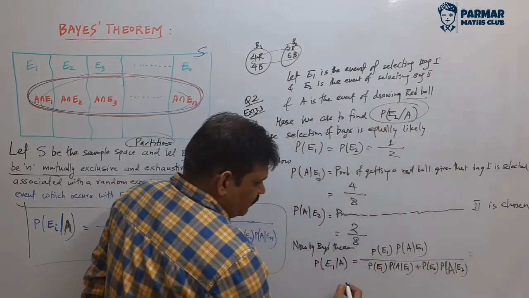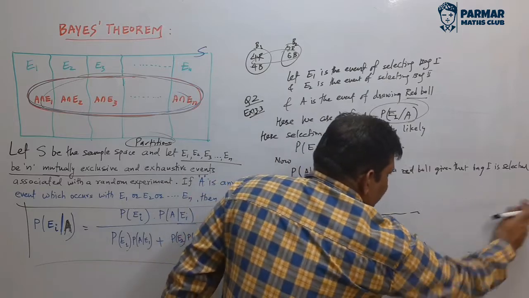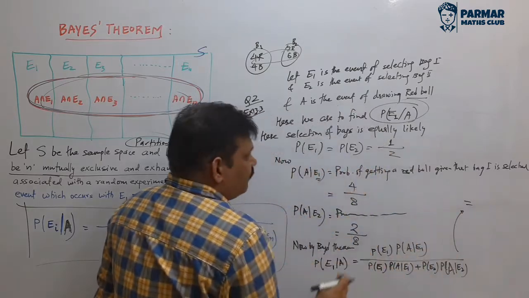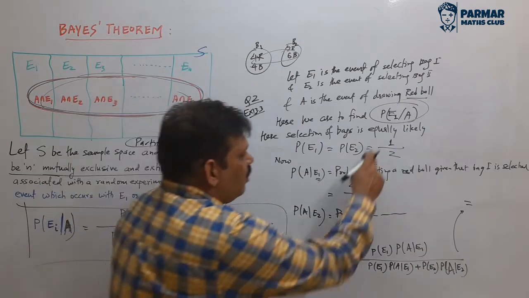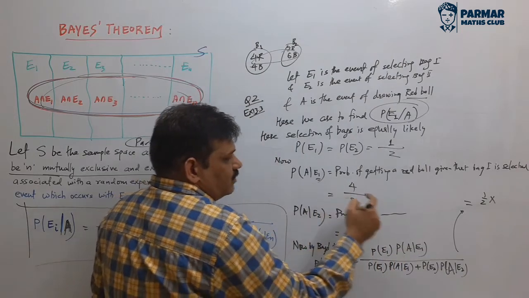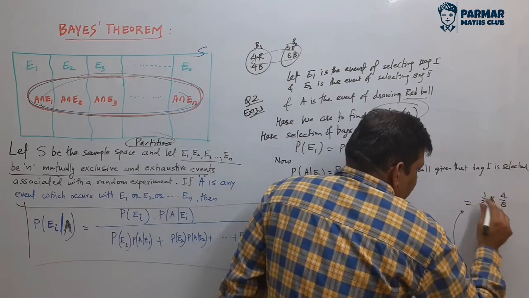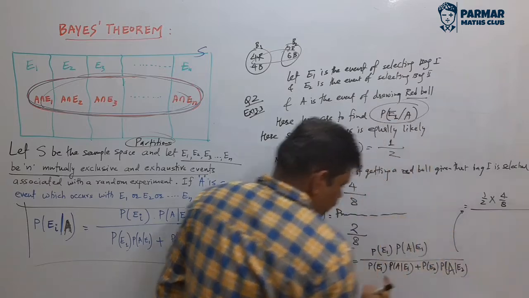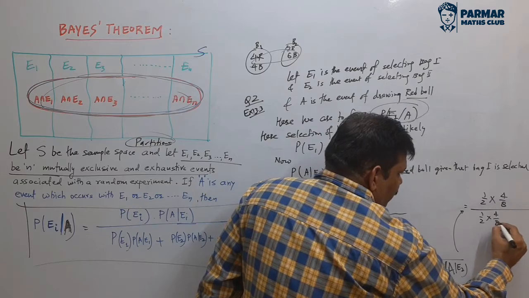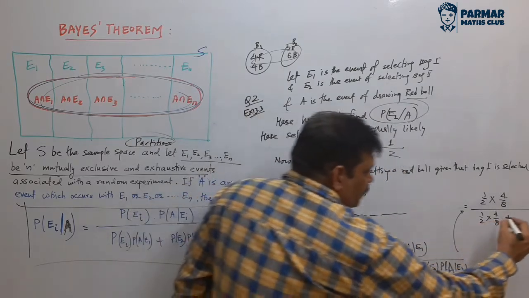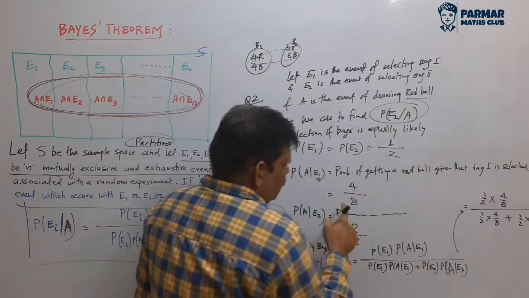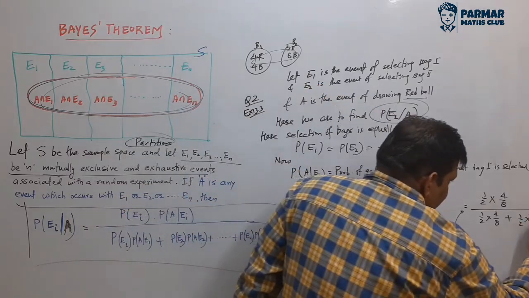Let me write it here. It is equal to the probability of E1, which is half, multiplied by A given E1, that is 4 by 8, divided by the same term, half into 4 by 8, plus the probability of E2, which is half, into the probability of A given E2, which is 2 by 8.